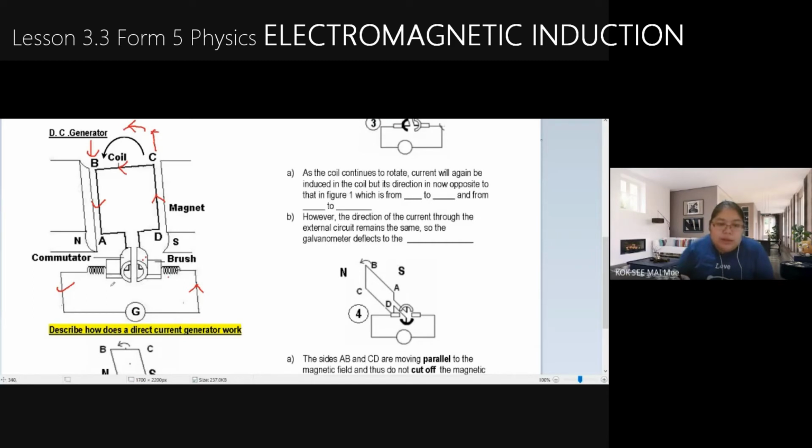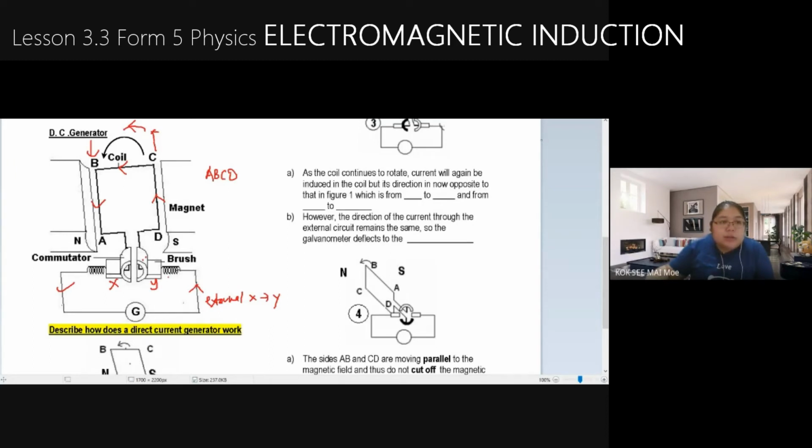If I label this X and Y, how does the current flow externally? External is X to Y. The current flow in the coil is, sorry, not A, B, C, D, it's DCBA. You see, I did it wrong already.